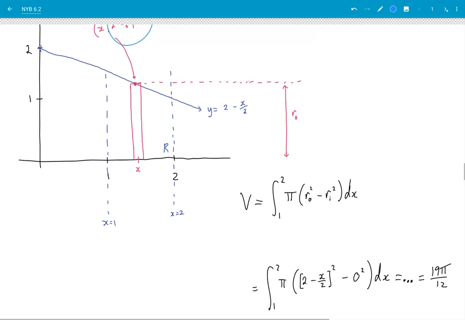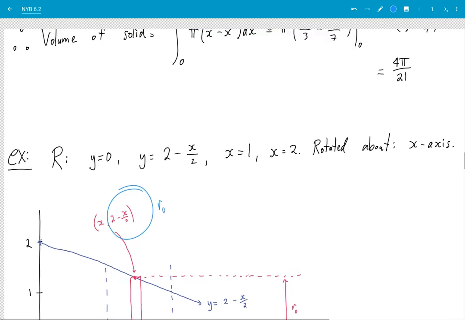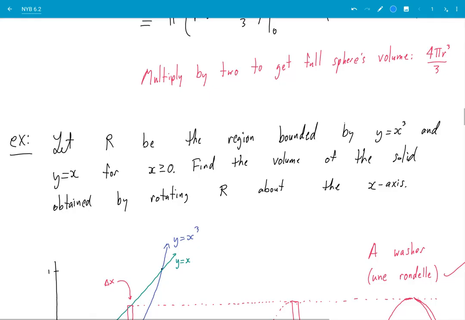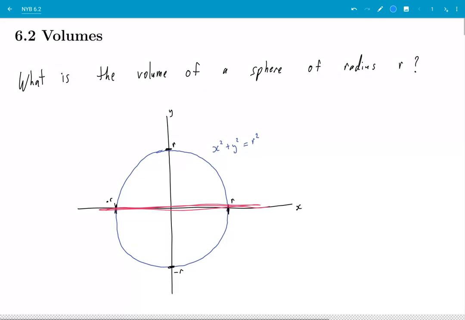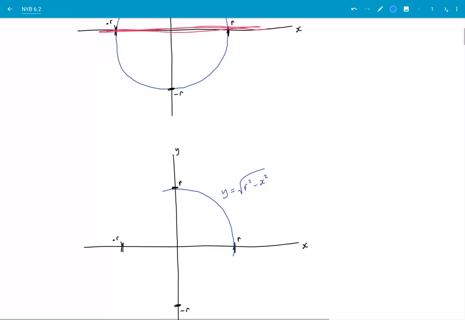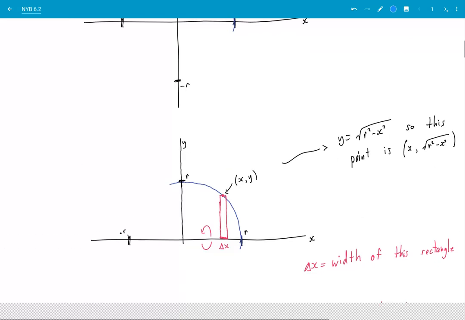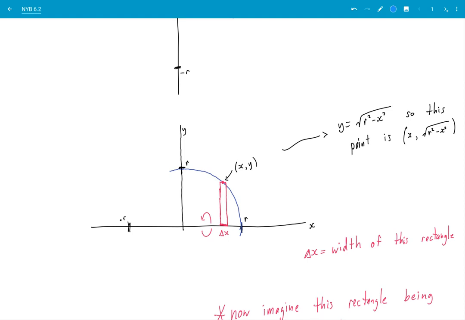Okay, let's go back up in our notes and look at our endpoints from the sphere. I believe there were 0 and R. When I was doing this integral, where was it? Yeah, right here. Here's my region that I'm rotating about the x-axis.